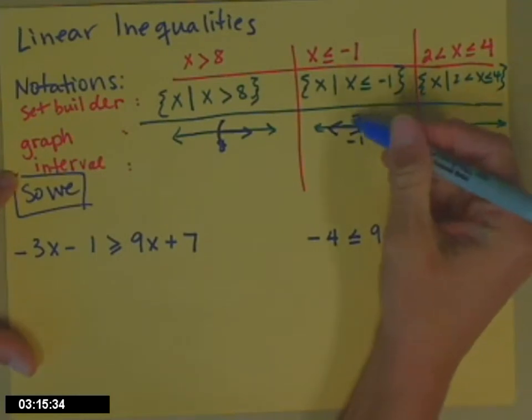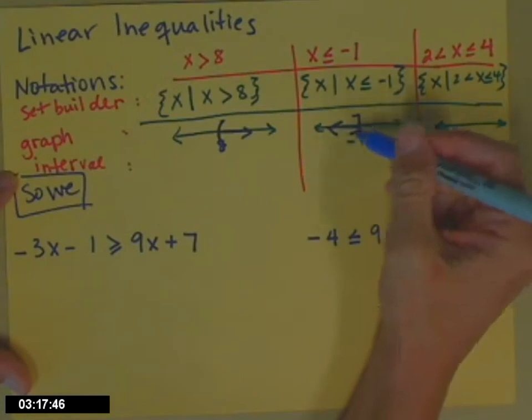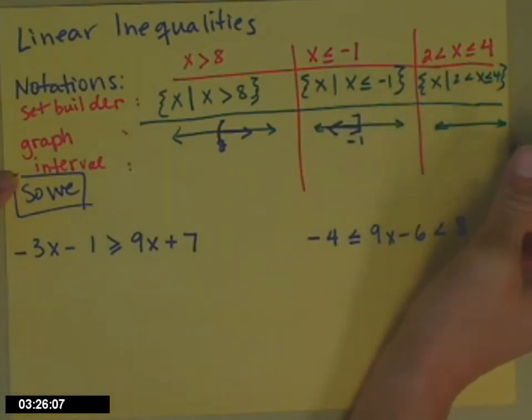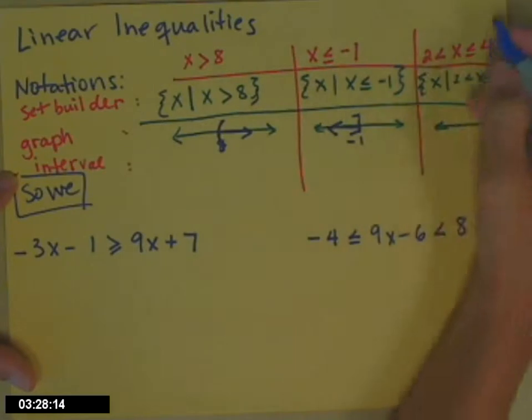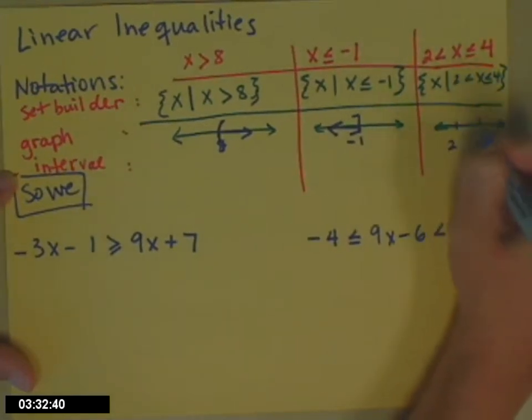A benefit of using these brackets and parentheses is that when your arrow goes right on top of it, we have the tabs pointing that way. So last one, this time on my number line, the 4 is included, and I need the x's less than that, so I'll put a bracket on that. The 2 is not included, so I'll put a parenthesis and go above, and it's just those numbers in between.